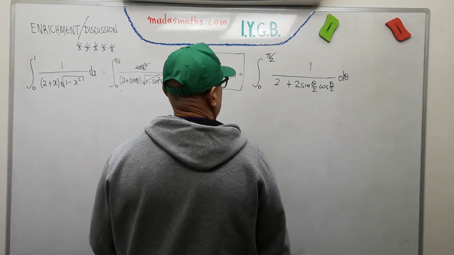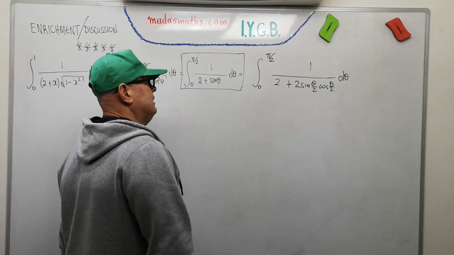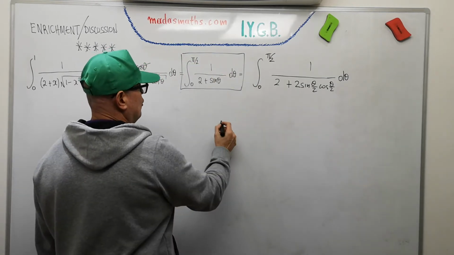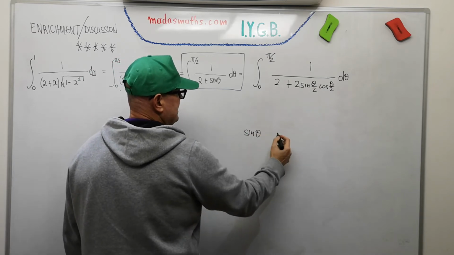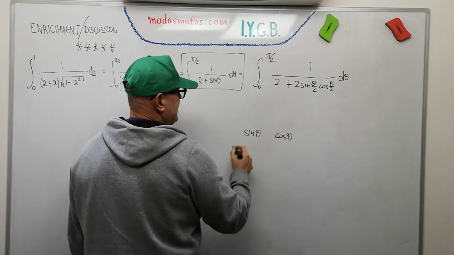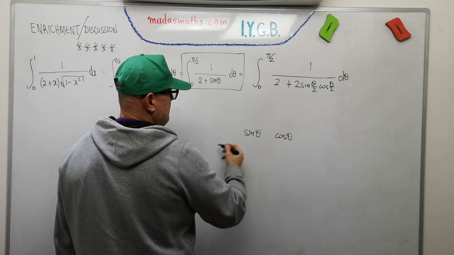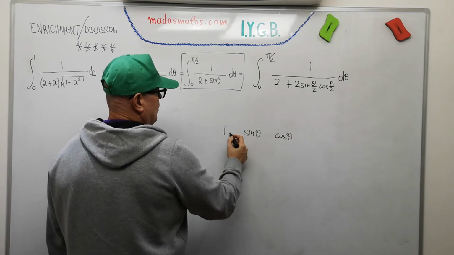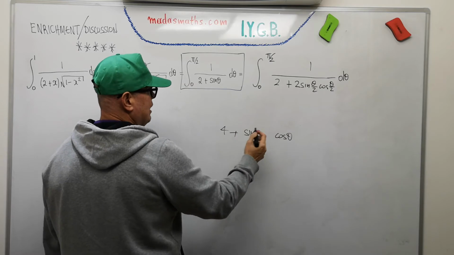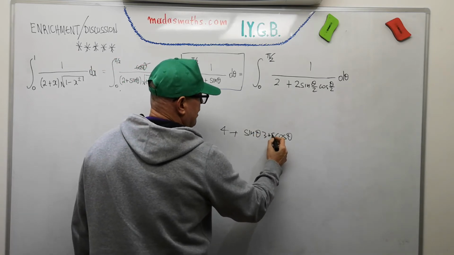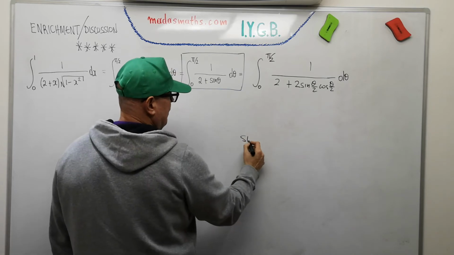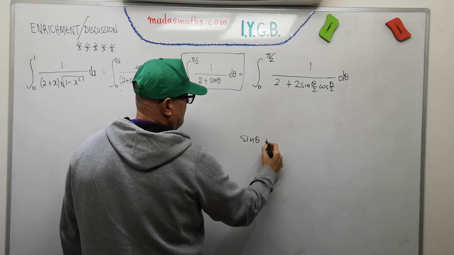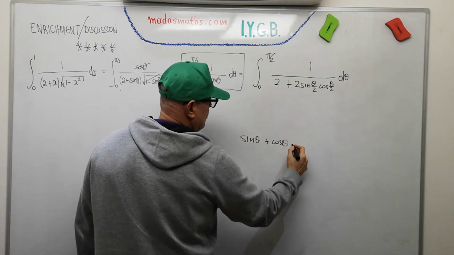What can I do next? I'm going to create the setup for this kind of integrals. When you have on the denominator sine theta or cos theta, a linear combination, possibly with numbers, so for example 4 plus sine theta, or 3 plus 5 cos theta on the denominator. Or you could have sines and cosines together, like 1 over sine theta plus cos theta minus 3.